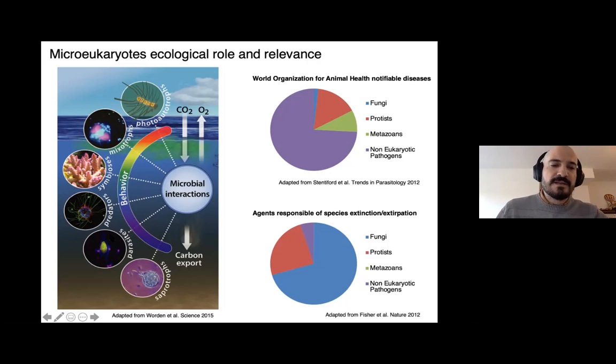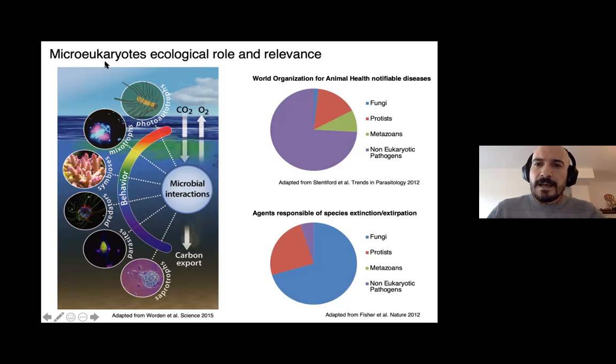They can be parasites, predators, symbionts of other organisms like animals, and also mixotrophs.